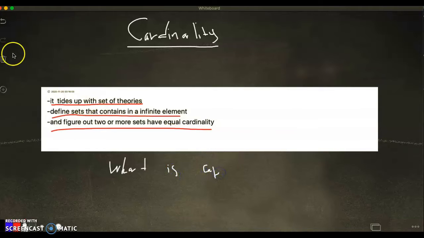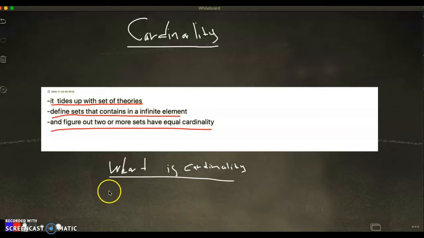Cardinality, the way that Georg Cantor generalized it, is that for a set A, it depends on the number of elements that are within the set, which is usually denoted by using the absolute value.